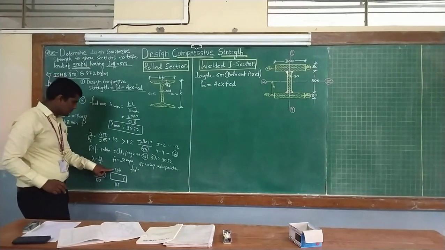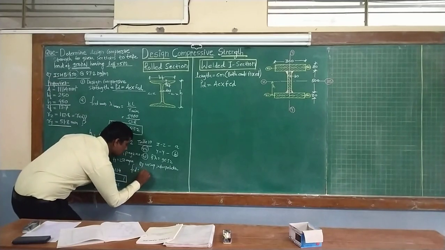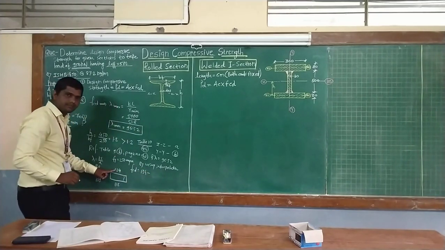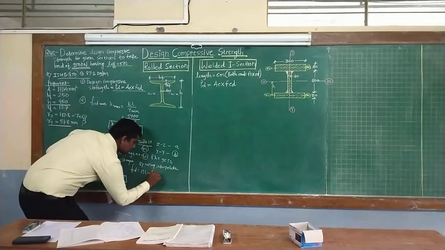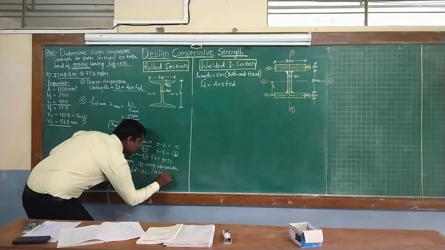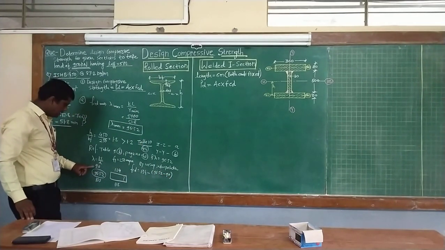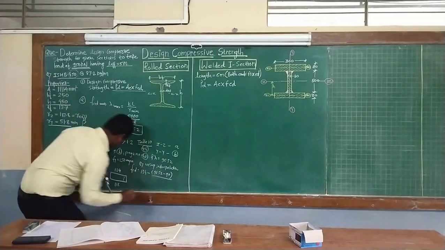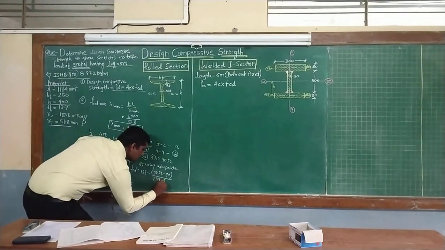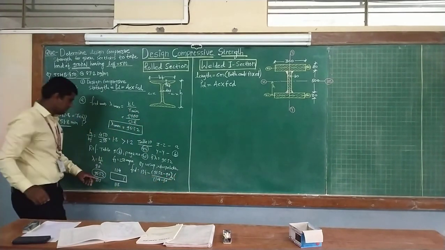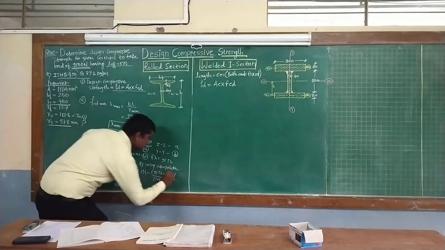How are we going to make it? Whatever the Fy value that is maximum, 134 minus (96.52 minus 90) divided by (100 minus 90), multiplied by (134 minus 108).